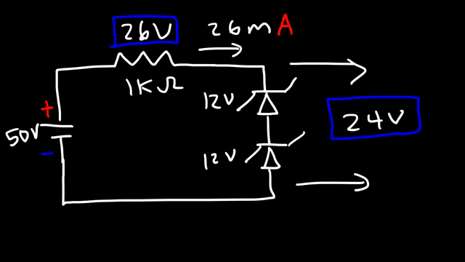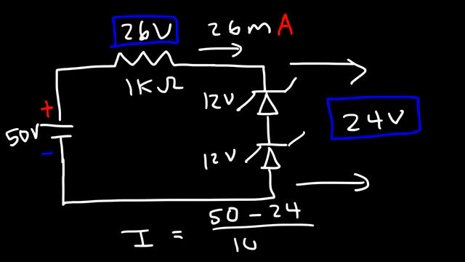But if you want a simple way to calculate the current, it's going to be the input voltage, which is 50, minus the total reverse voltage of the 2 Zener diodes, which is 24, and then you divide that by the 1 kilo ohm resistor, which is 1000 ohms. And so 26 divided by 1000, that's 0.026 amps.